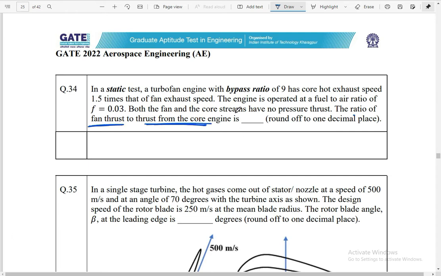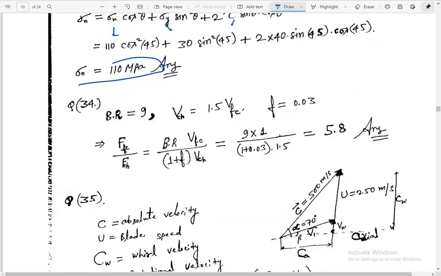So this question is from the turbofan engine. In a turbofan we have the cooling section and the hot section, which is the core section. BR is the bypass ratio.